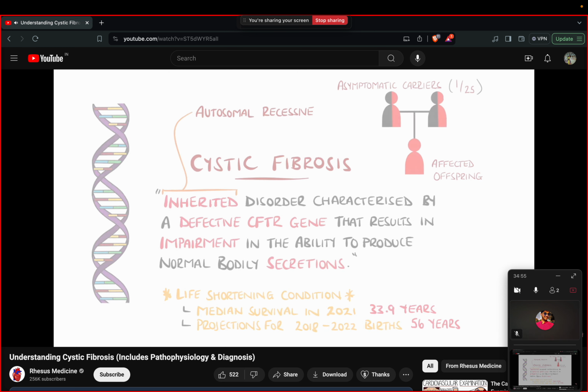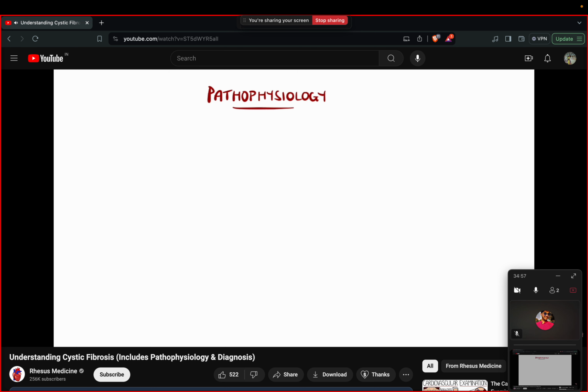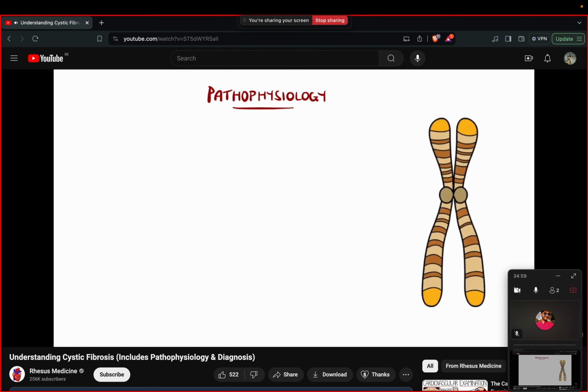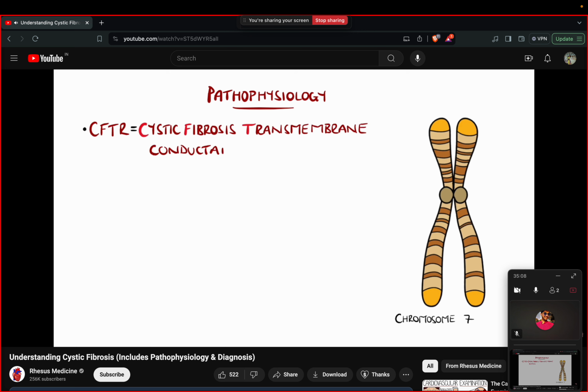The CFTR gene is found on chromosome 7, and it codes for the protein CFTR, which stands for cystic fibrosis transmembrane conductance regulator, that forms a cyclic AMP chloride channel that normally allows movement of chloride and bicarbonate across epithelial membranes, and also, by extension, sodium and water.